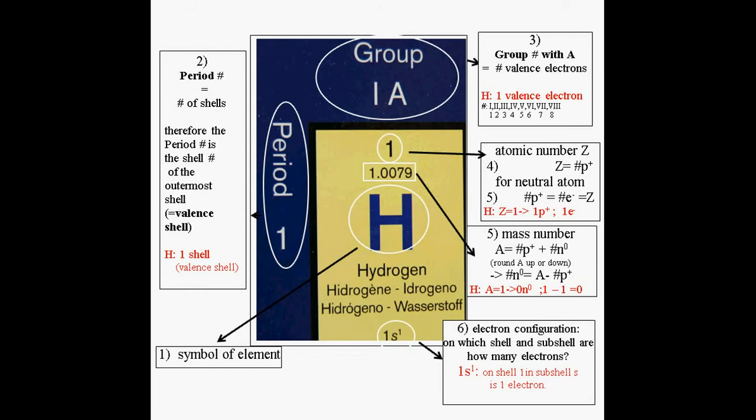It is very interesting to note that you really don't need to know names of hydrogen in different languages like it is printed in this periodic table of the elements, because all the chemists in the world use H as the symbol of the element hydrogen, and everybody knows what they're talking about. So symbols are the language of chemistry which one has to learn.